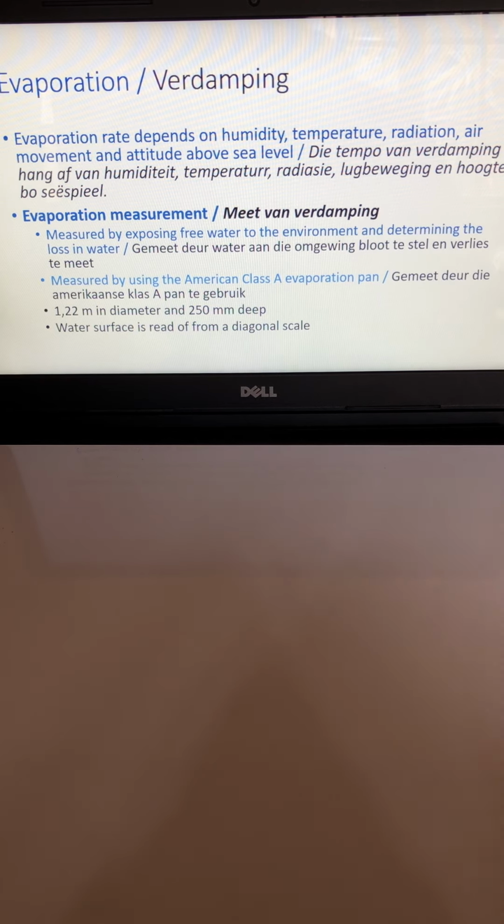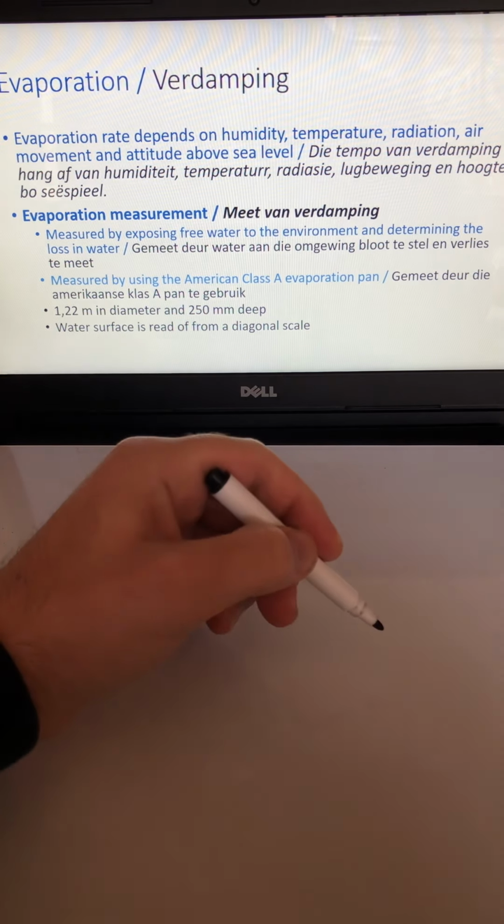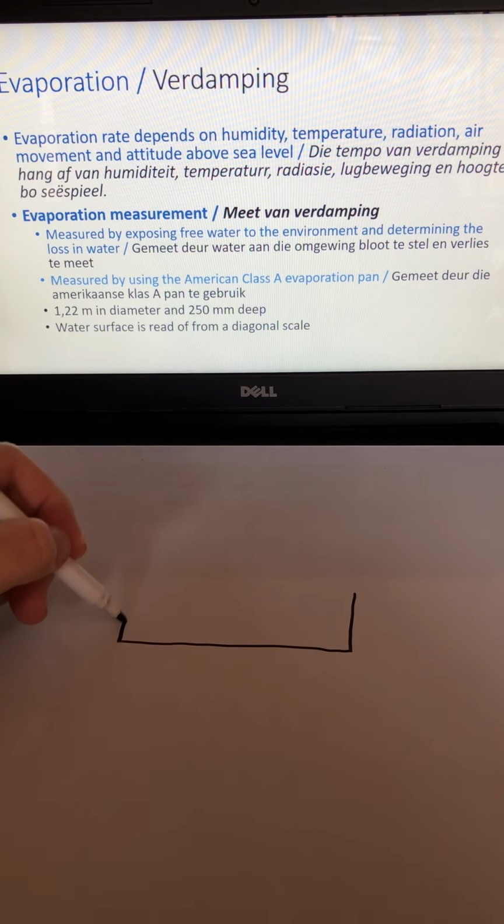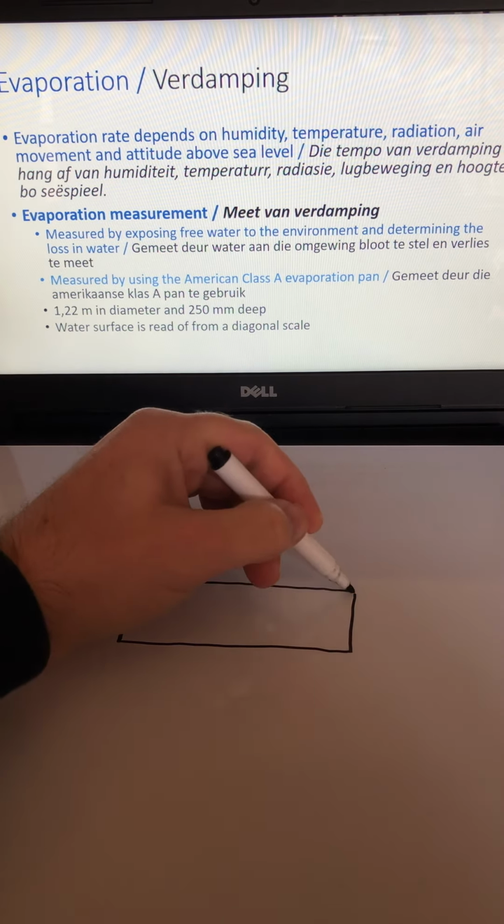And this pan is 1.22 meters in diameter and 250 millimeters deep, and the water surface is read off from a diagonal scale. So how this looks is you've got a pan that looks like this.